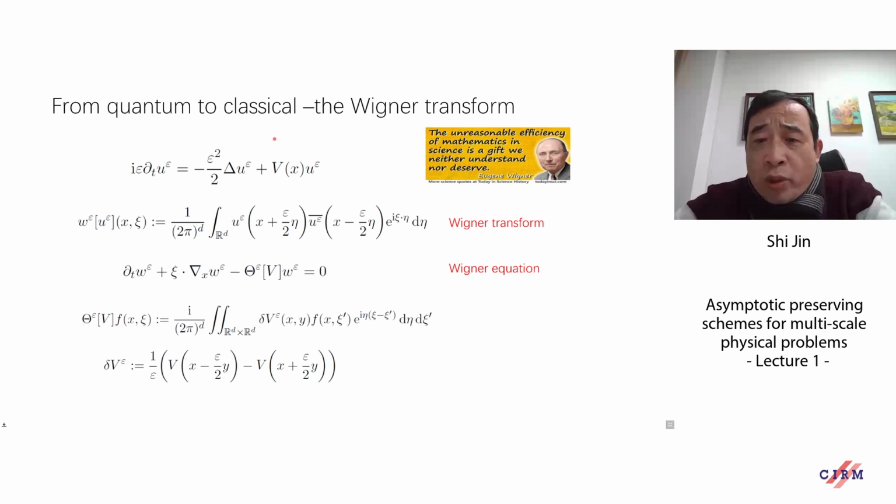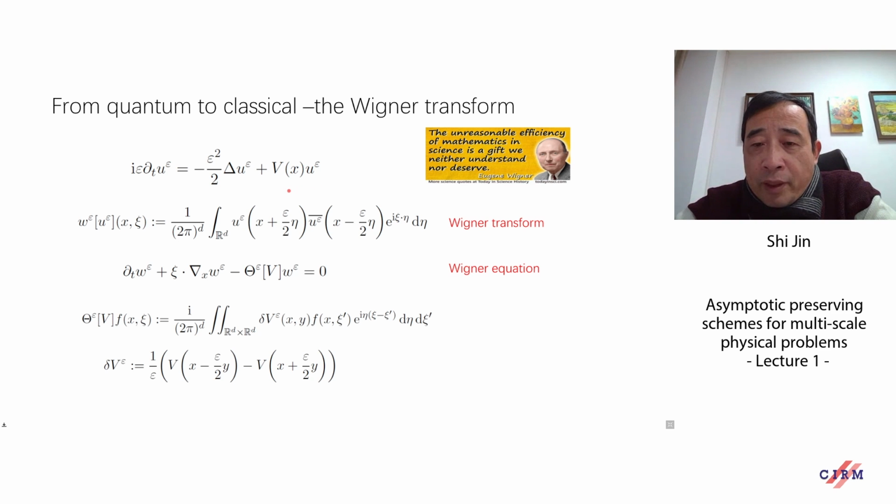So let me start with quantum mechanics, and I want to see how one can pass from quantum mechanics to classical mechanics. This was done by a beautiful weapon invented by Eugene Wigner, a Nobel laureate. Let's start with the Schrodinger equation.